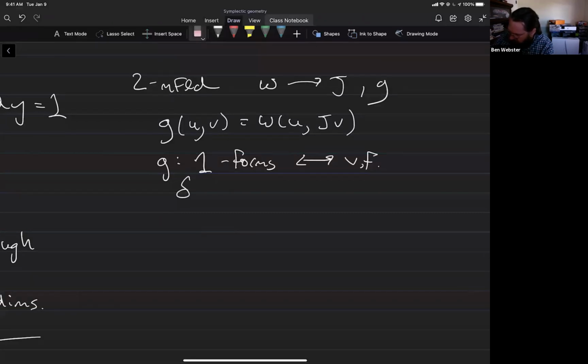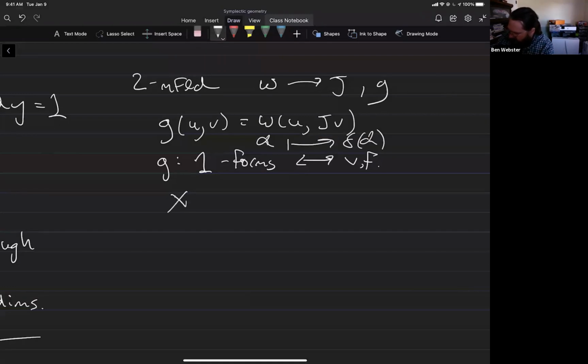I'm doing this on the fly, so let me say that delta takes a one-form alpha to a vector field delta alpha. Okay.